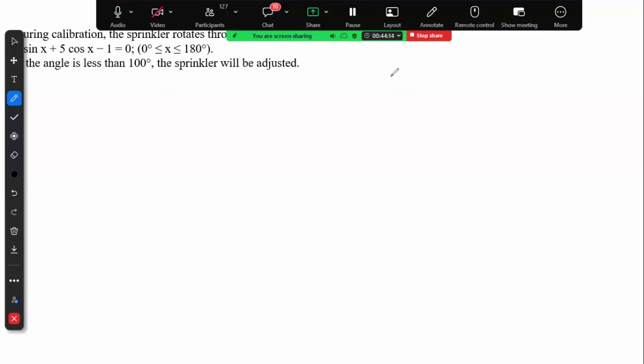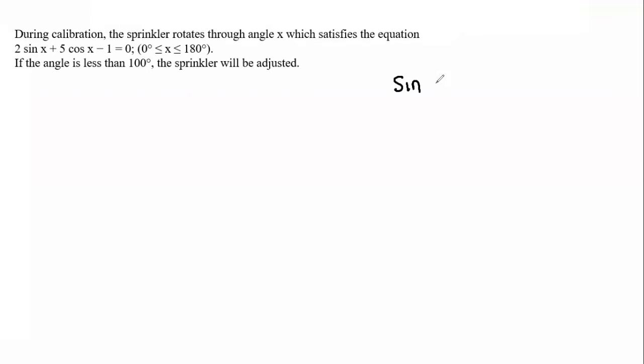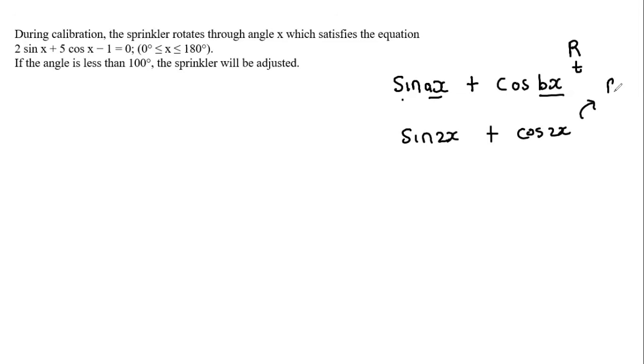Now, dear students, whenever you find that the equation you are dealing with is in the form of a sine of bx plus b cos of bx, the two approaches you can use are either the R or the t formula. Whenever you find your equation, sine 2x plus maybe cos of 2x, this should be either R or t.